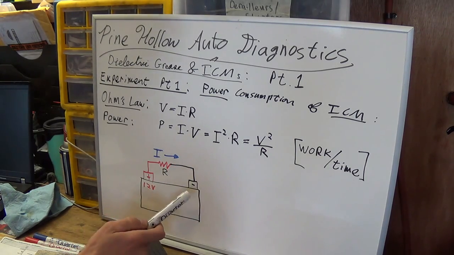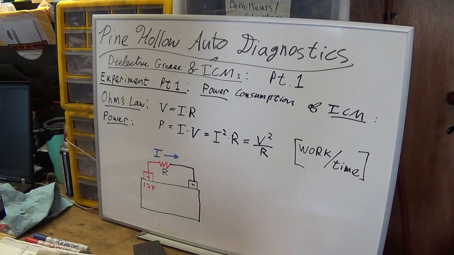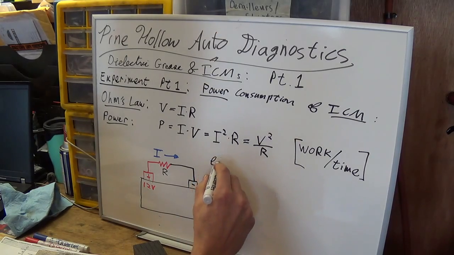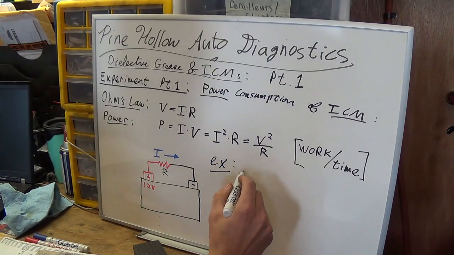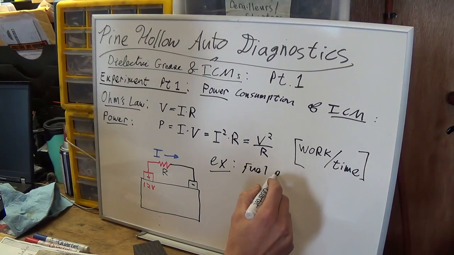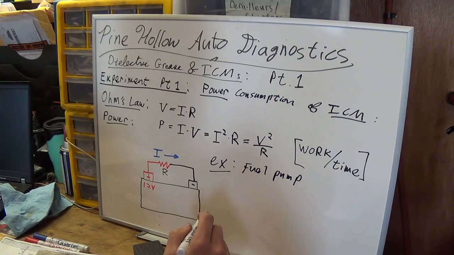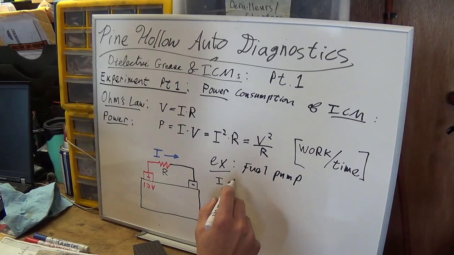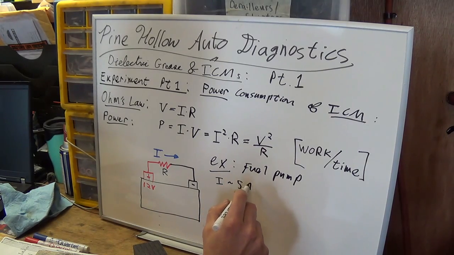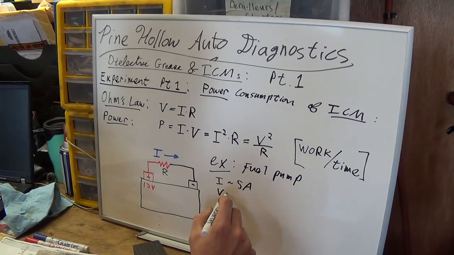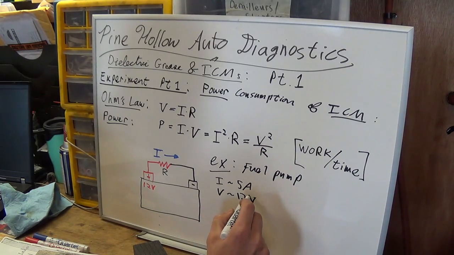So let's take for example a fuel pump. Typical modern fuel injection fuel pump current is about 5 amps, and our voltage is always system voltage, let's just say 12 volts.